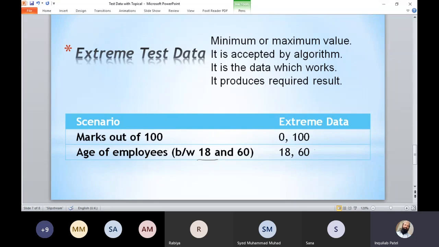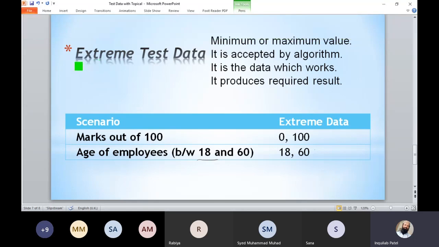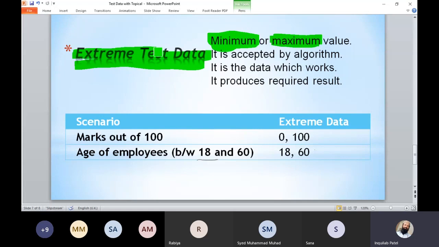Then we have the third type of test data. This type of test data is known as extreme data. Basically, extreme data consists of minimum and maximum values. If minimum and maximum values are given, we say that this is extreme data, right?